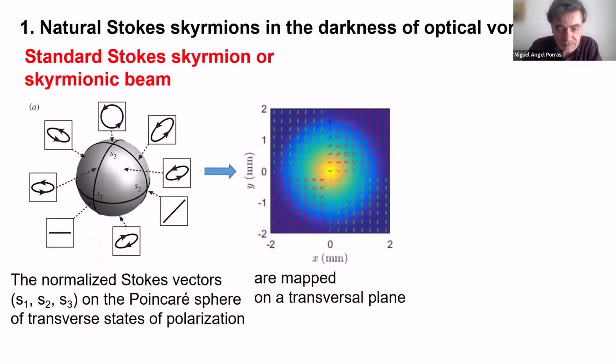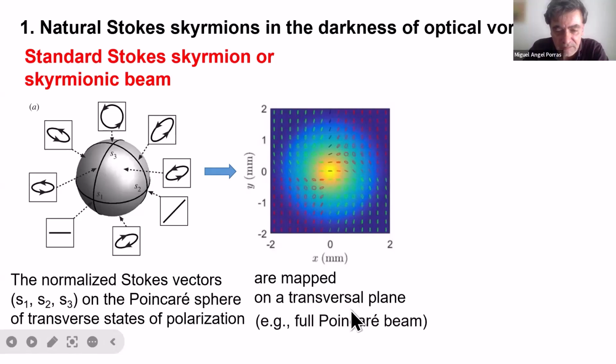I recall what is known previously, which are the standard Stokes skyrmions, also called Skyrmion beams. In them, the Stokes vectors in the full Poincare sphere of all transverse states of polarization are mapped onto a transversal plane.